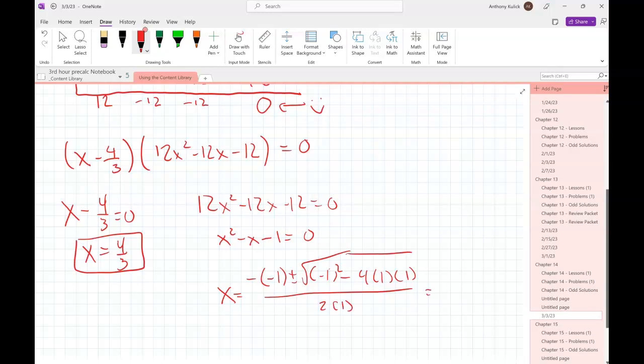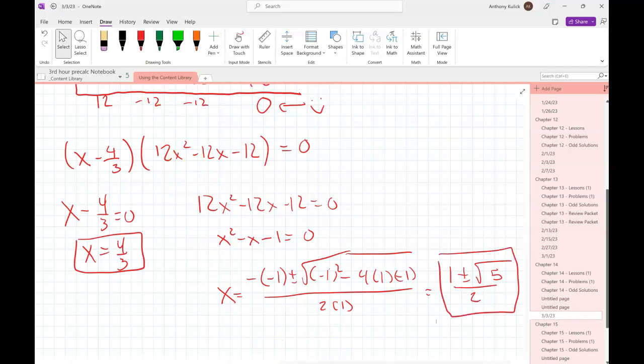So what I get there is 1 plus or minus the square root of 1 minus a negative 4, all over 2. So that's my other two solutions.